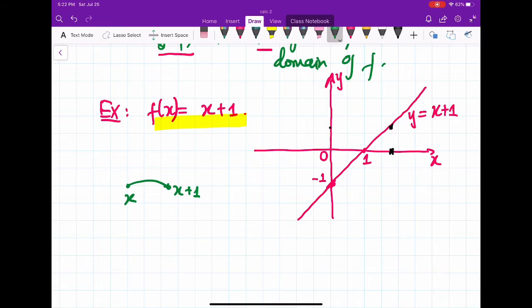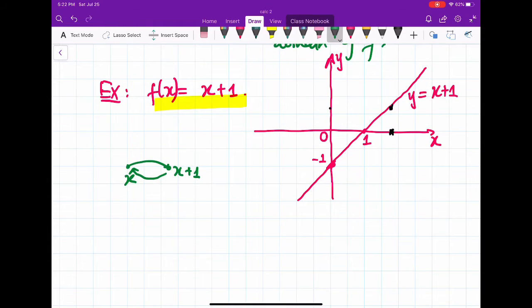If you want to go back to the previous position, you just do subtraction. So yes, it seems like it is possible, and the inverse of this function, f to the negative 1 of x, is equal to x minus 1. Addition means you do subtraction.